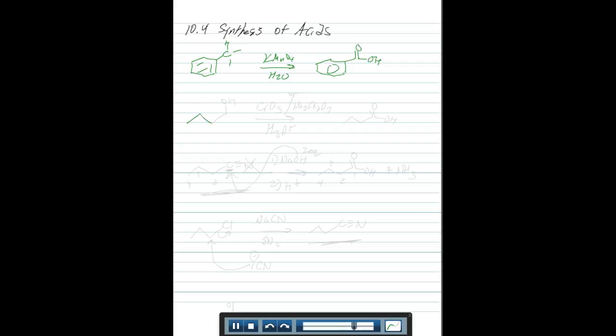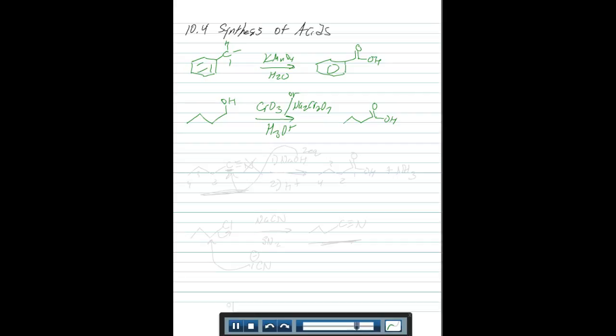That's one way. The other way we learned in the last few chapters is by oxidizing a primary alcohol with either CrO3 or Na2Cr2O7, either one, in the presence of acid, and you can get the carboxylic acid.